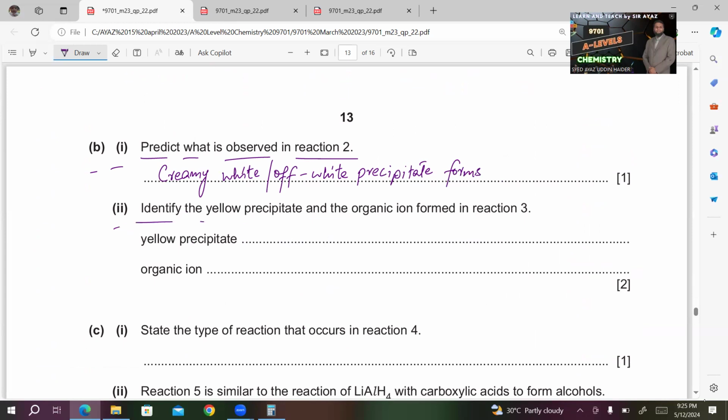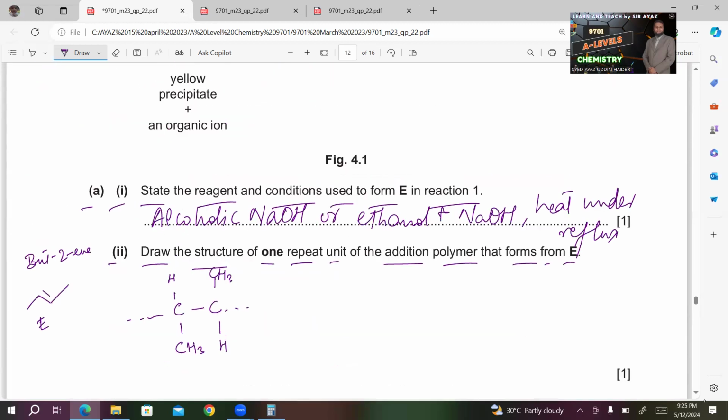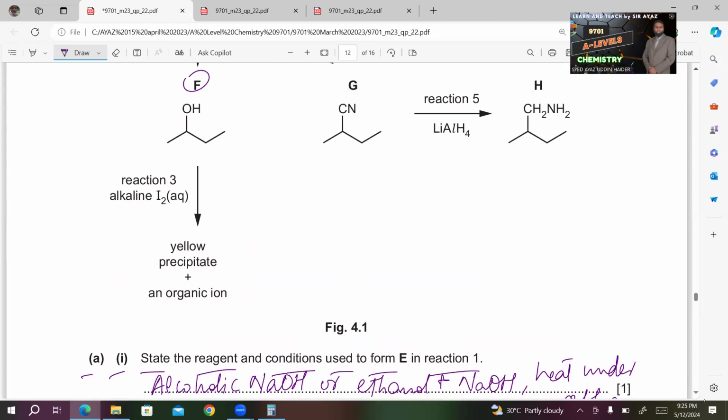Number 2, identify the yellow precipitate and the organic ion formed in reaction 3. This is reaction 3. So reaction 3 is alkaline I2.